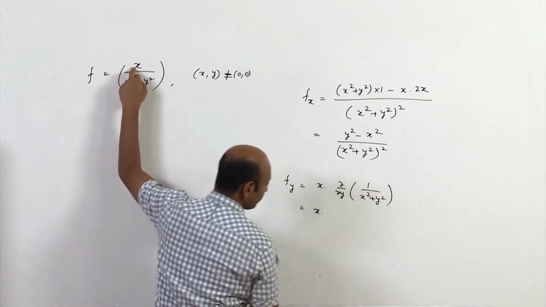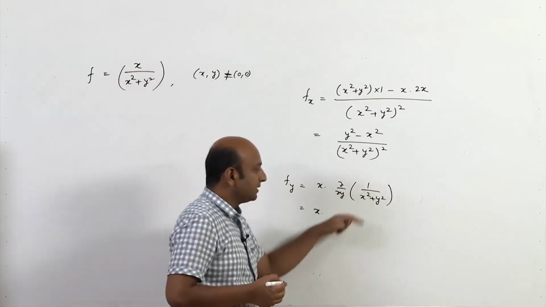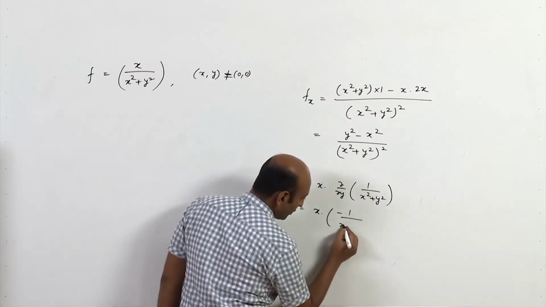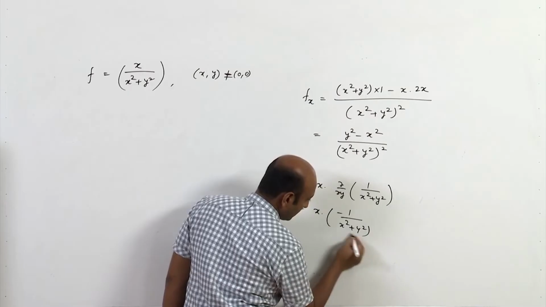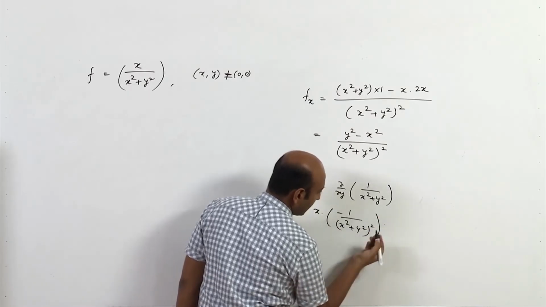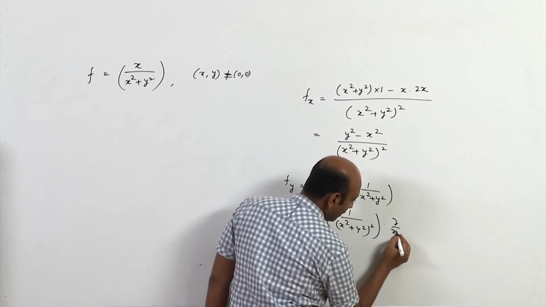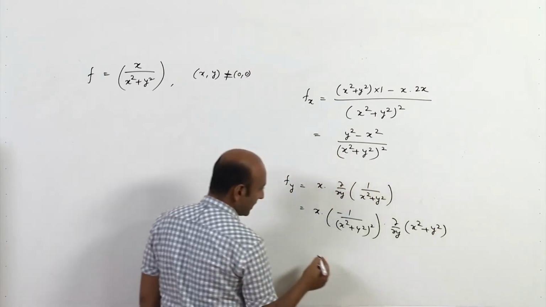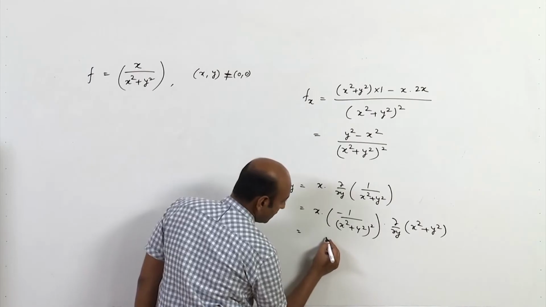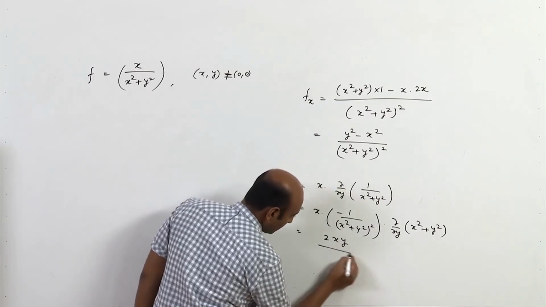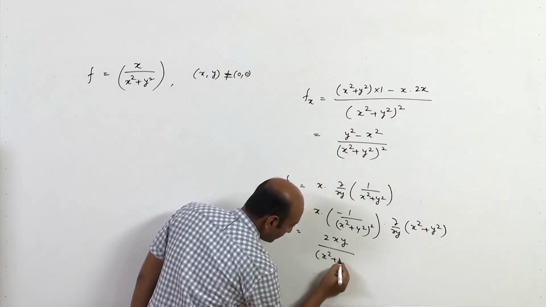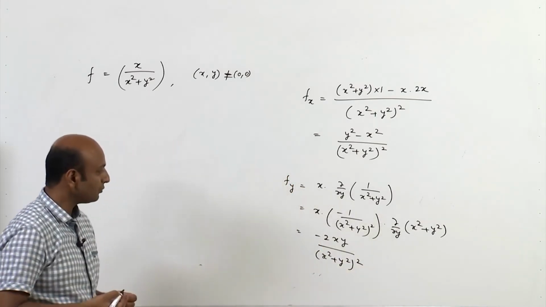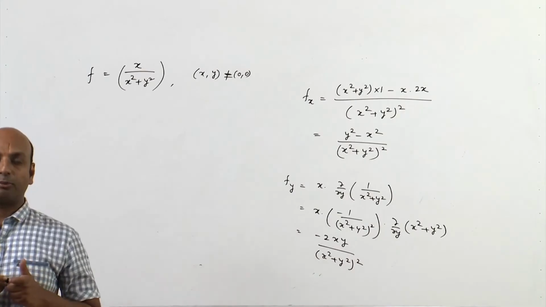So, it is x into 1 by t, that is minus 1 by t square, so it is minus 1 upon t square, then t again, that is del by del y of t, and this is 2xy upon (x square plus y square) whole square, with a negative sign. So, this is del f upon del y.